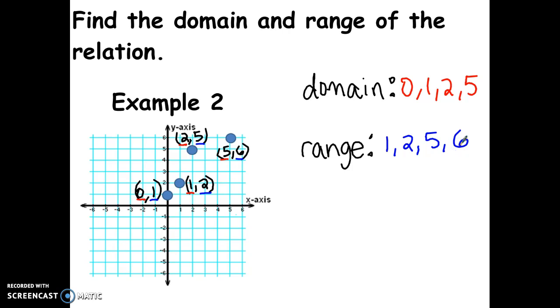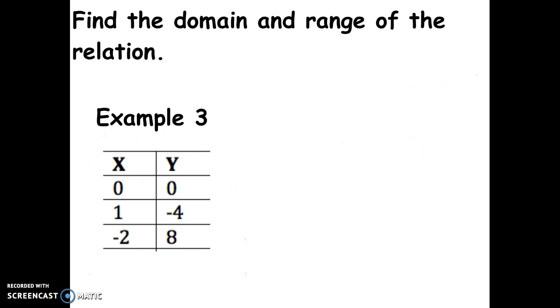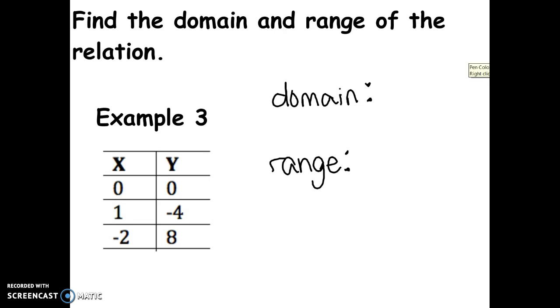Okay, let's move on to our next example, example 3. Here we're given a table, which makes things even easier for us because we can see our x and y values clear as day. Okay, with our x values, we see that they are 0, 1, and -2. Now, when listing your domain, you need to list the numbers in numerical order.